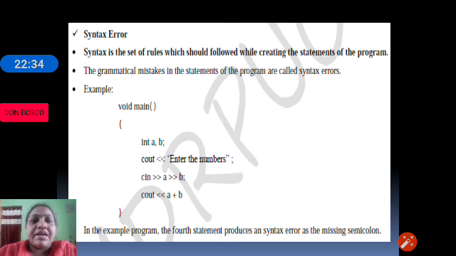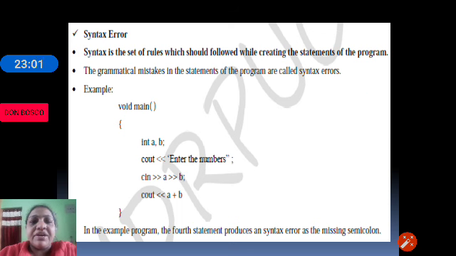When you learn any language, Kannada, English, whatever it is, you will learn grammar. Grammar is nothing but a set of rules on how you can use that language. Similarly, computer languages also have a set of rules called syntax. A statement has to start in a certain way, and every statement has to be terminated by a semicolon.